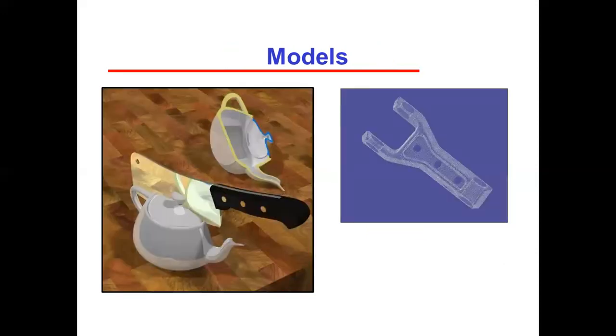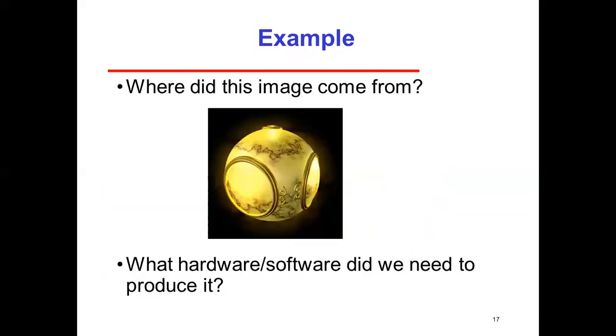Now you can see other examples here. We can develop such models, which you are seeing on this slide, with the help of various computer graphics packages. Again we are considering an image. For example, where did this image come from? What hardware or software did we need to produce it? Then what type of hardware or software is needed?